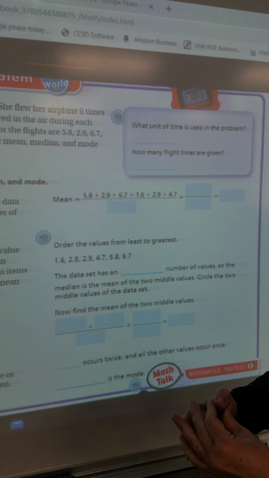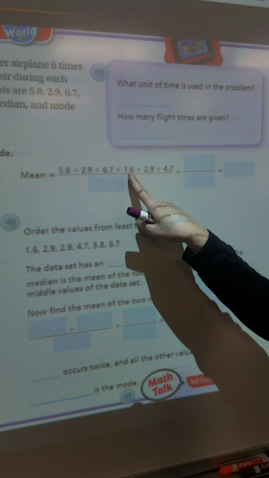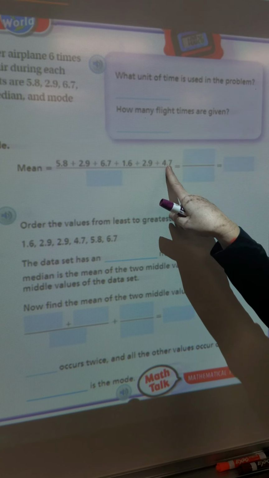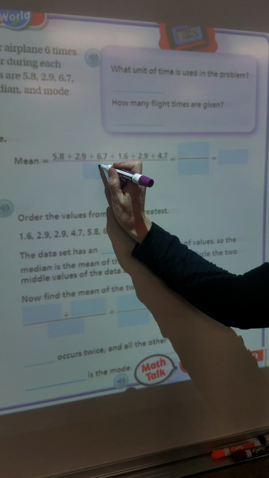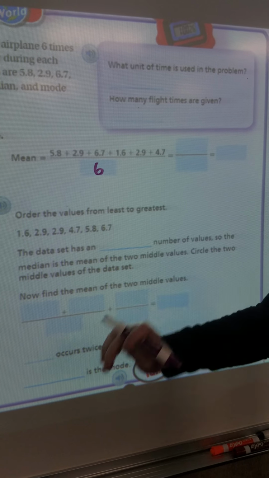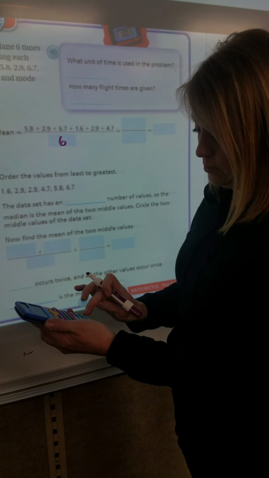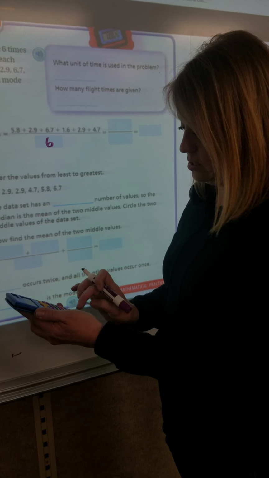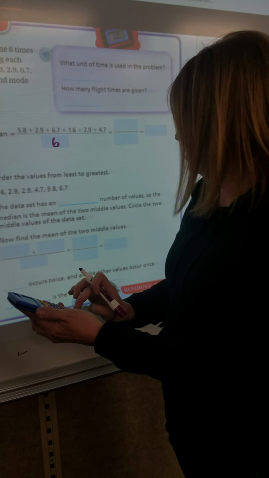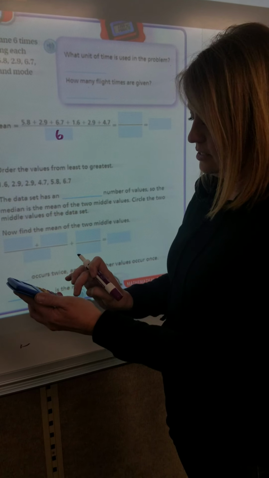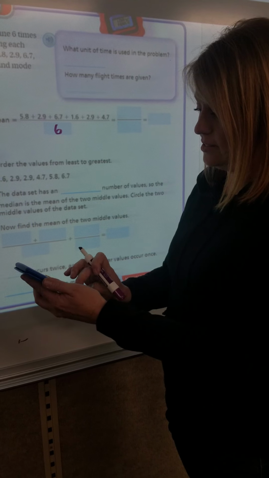Here we have 5 8/10, 2 9/10, 6 7/10, 1 6/10, 2 9/10, 4 7/10. Remember that the fraction bar means divide. We're going to divide all of those by 6 because there are 6 data values. So I'm just going to quickly add those up: 5 8/10 plus 2 9/10 plus 6 7/10 plus 1 6/10 plus 2 9/10 plus 4 7/10.